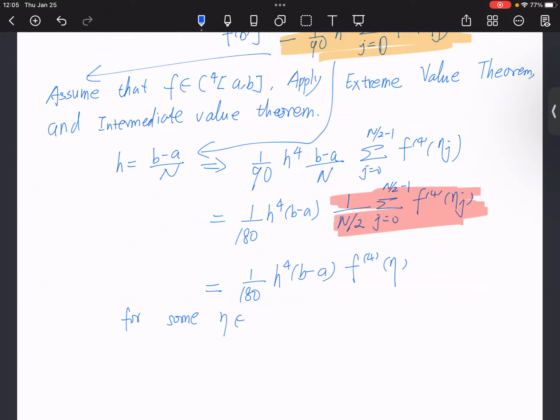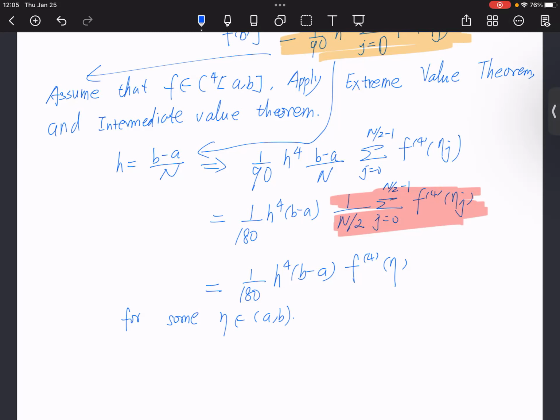This is in [a, b]. I'm skipping a lot of things here, but the idea is the same, and the details will be in the posted notes after the class.